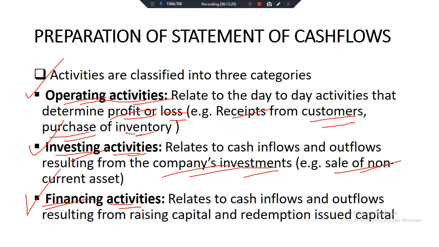These relate to the cash inflows and cash outflows resulting from raising capital and redemption of issued capital. So you issue new shares, that's included in financing activities. You pay off the debt that you have, that's included in financing activities. You need to remember this, but if I give you the format, it's going to be easy. You won't really have to worry about it.